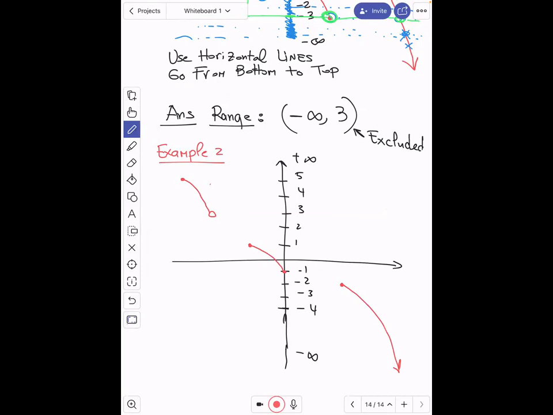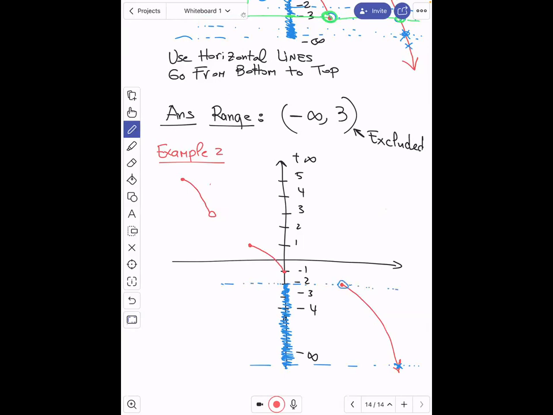Of course, I'm going to try to find the range. I'm going to start from the bottom, right here. You do have intersection here at the bottom, so your range is supposed to start at -infinity and go all the way up, and you need to stop at -2. At -2 you do have intersection at this point.